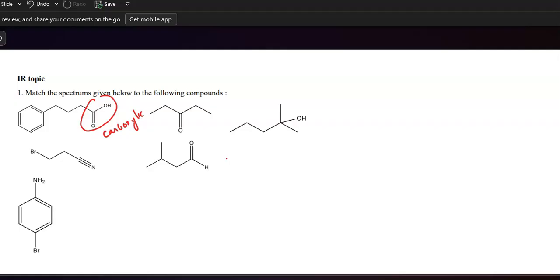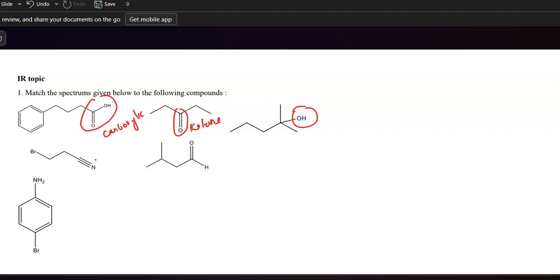Similarly, ketones, 1600 to 1750 or so. So that's again easy to locate. This is a ketone. Then alcohols, again, they have more like a smooth tongue kind of structure, again close to the 3000 centimeter inverse area.